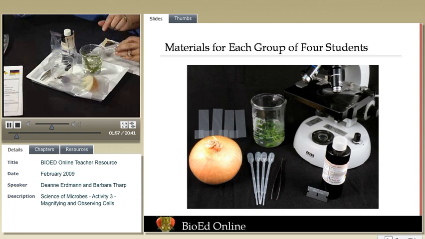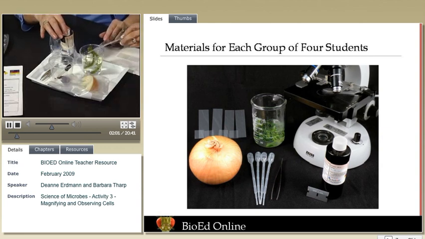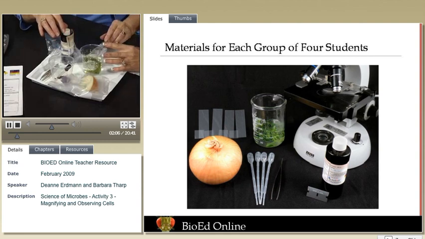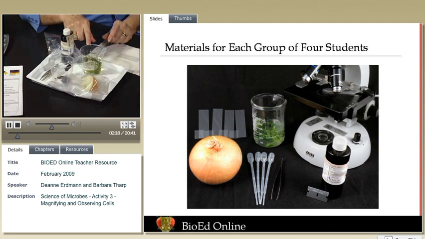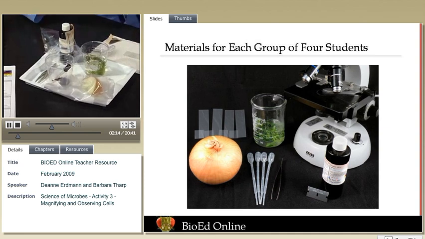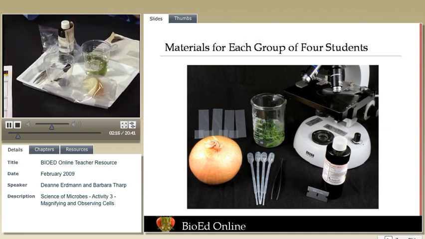And there's a plant in here, the Elodea, which is a common plant, waterweed, and you can usually get that in the aquarium store. If you can't get this particular water plant for this activity, you can use the thin leaves on celery, which you can always get at the grocery store.